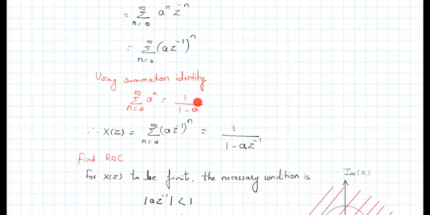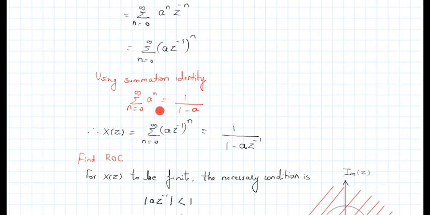We'll apply this identity to solve this particular summation. Here my a term is a z raised to minus 1.